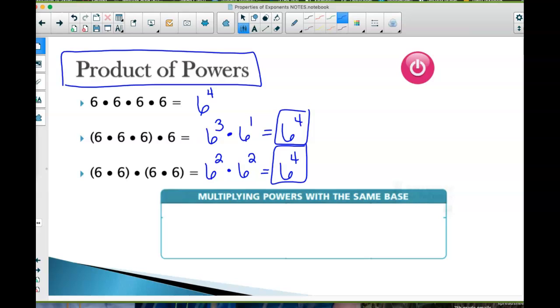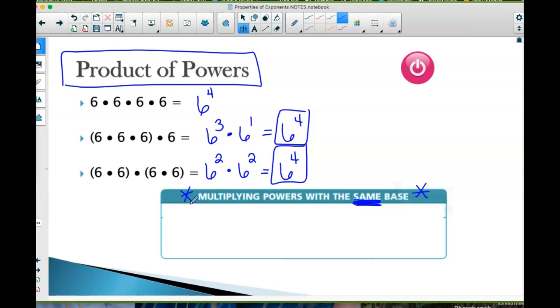So I want you to put this in your notes. Multiplying powers with the same base. Now the key here is that they have to have the same base number.